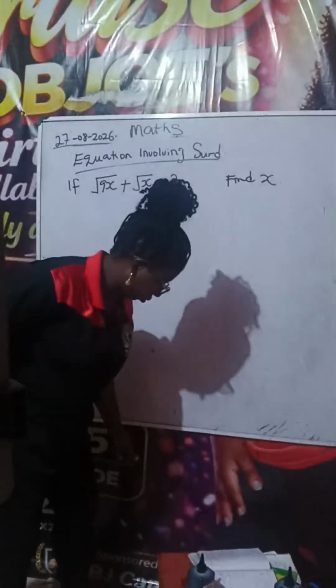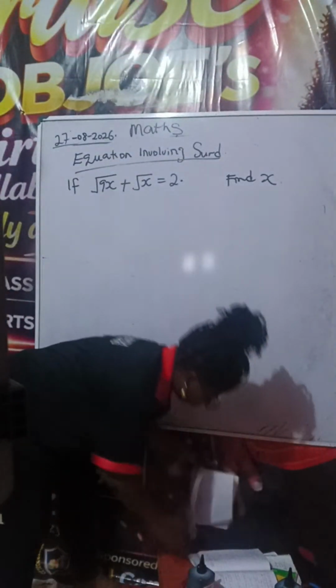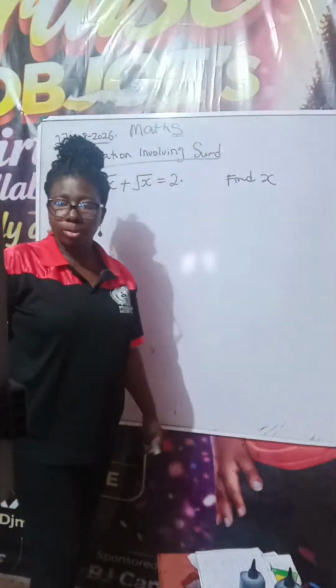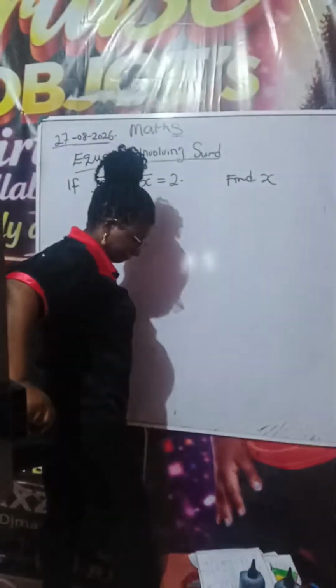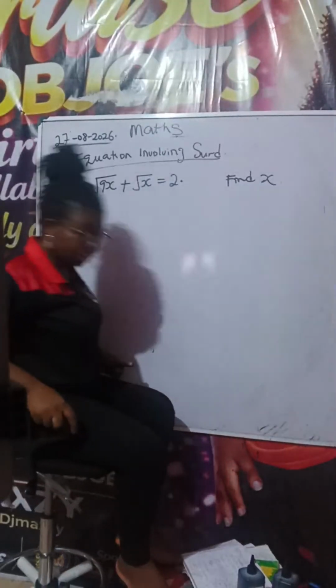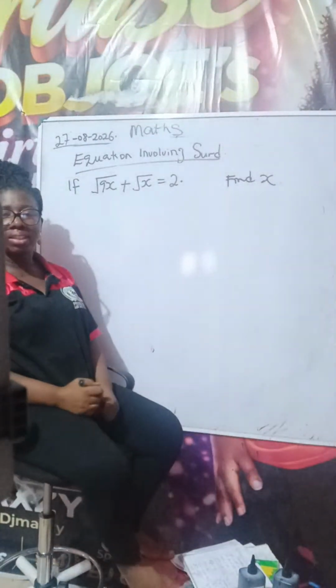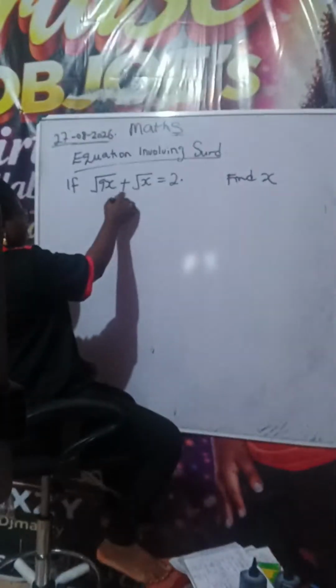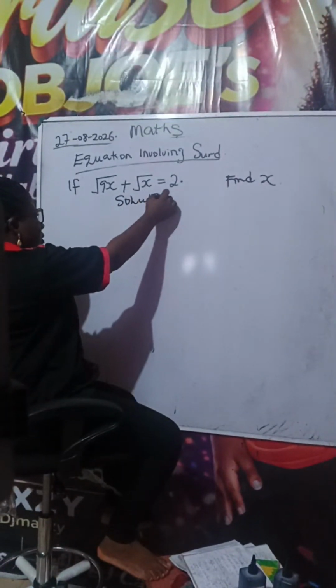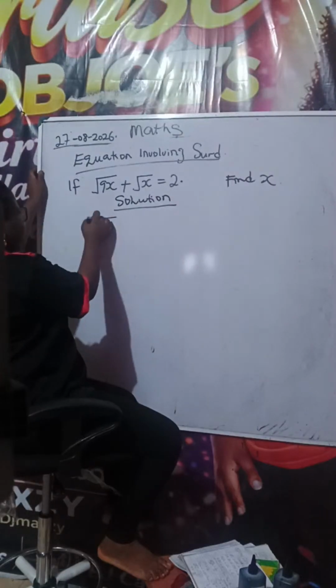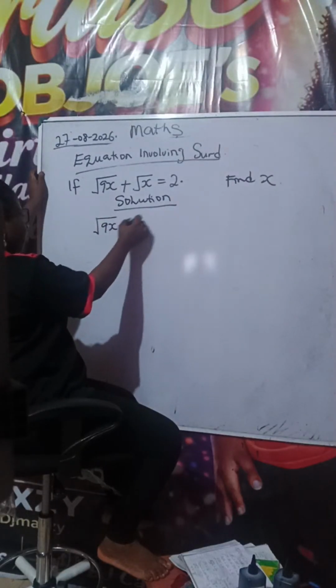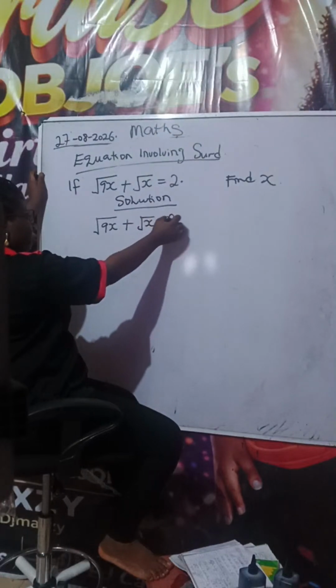Let's think of how to answer this question. What are we going to do first? First, let's write our solution and bring the question down. So we have root of 9x plus root of x equals 2.